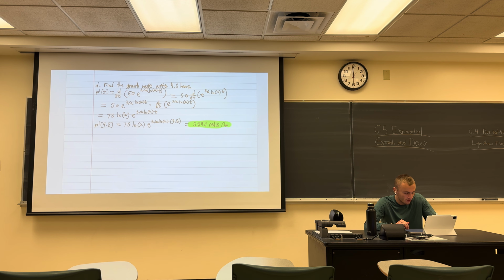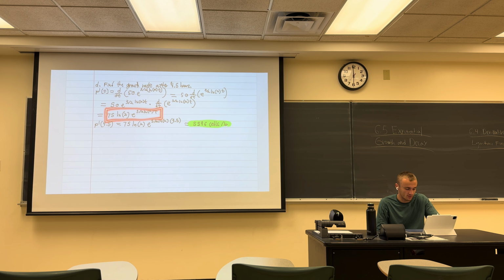Taking the derivative of that whole thing, take the 50 right out of there, and then we're taking the derivative of this term, which we know is done by chain rule, so 50 times this, times the derivative of that, which is 75 times the derivative of this, and then that results in this term right here, and we're just plugging in 4.5 right here into that formula, which gives us this number there, and that's how many cells we're growing per hour.